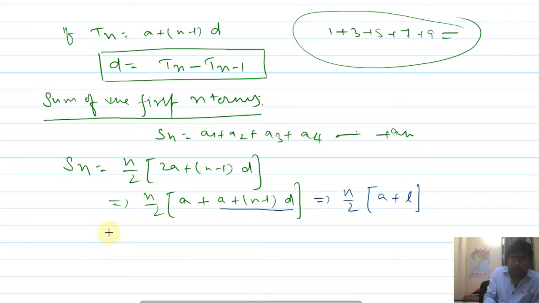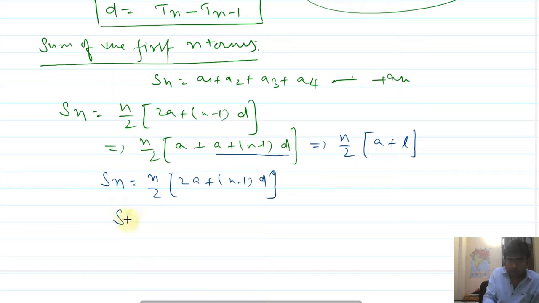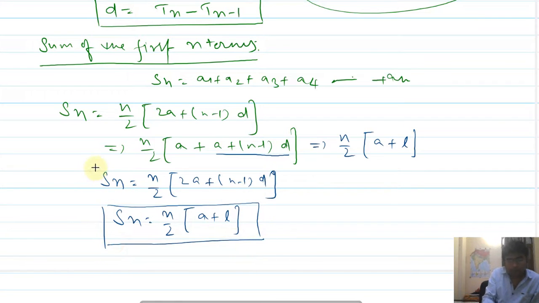So we have two formulas in different forms. One is n by 2 into 2a plus n minus 1 into d, and the second one is n by 2 into a plus last term. Okay, I hope you remember it. So now we can see what the proof is.